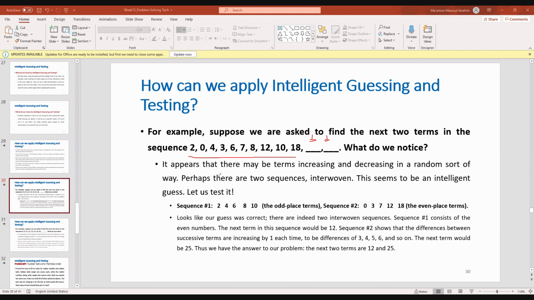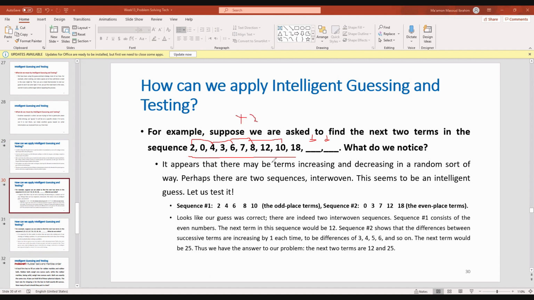This is based on our observation. We have this sequence of numbers: 2, 4, 6, 8, 10. As you can see, the number here, this one, and this one, and this one, is always increasing by 2.